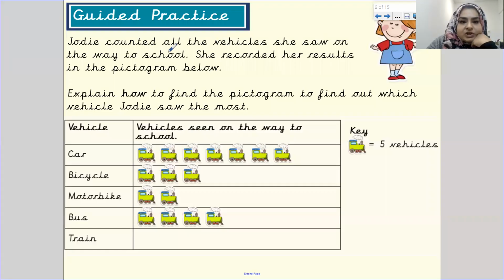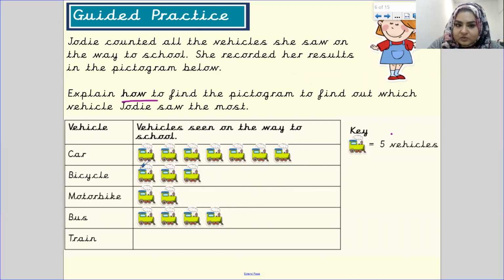So it says here, Jodie counted all the vehicles she saw on the way to school. She recorded her results. And then it says, explain how to use the pictogram to find out which vehicle Jodie saw the most. So the way to do this is, when you look at the pictogram, whichever has the most pictures on it means that's what she saw the most.